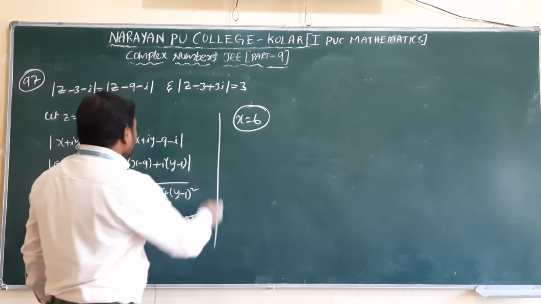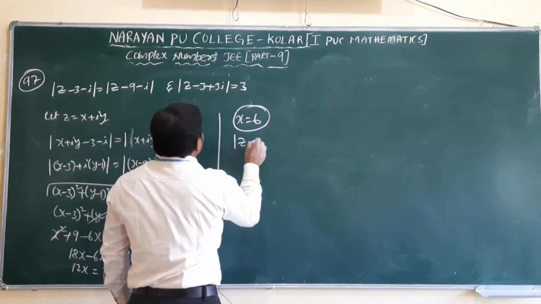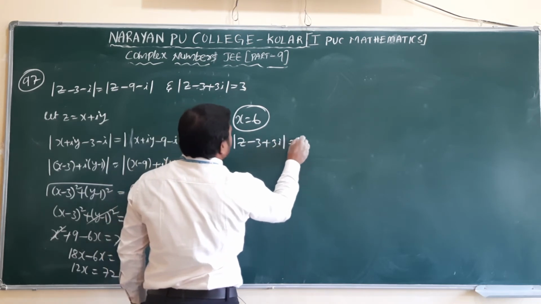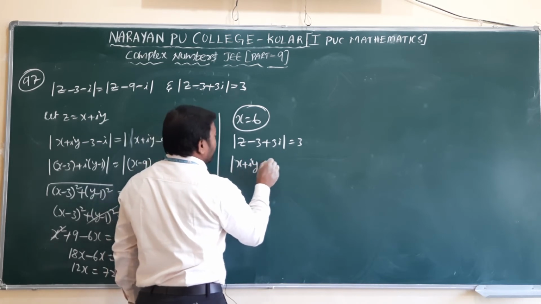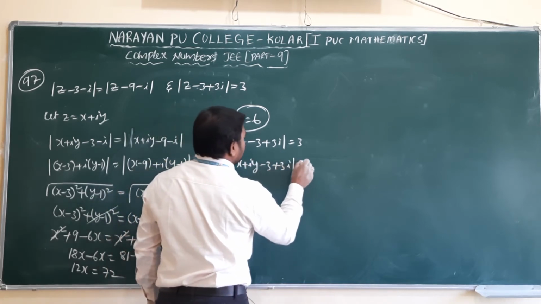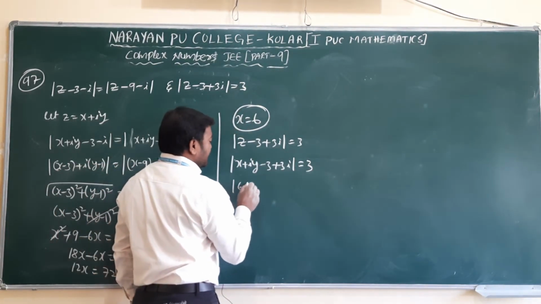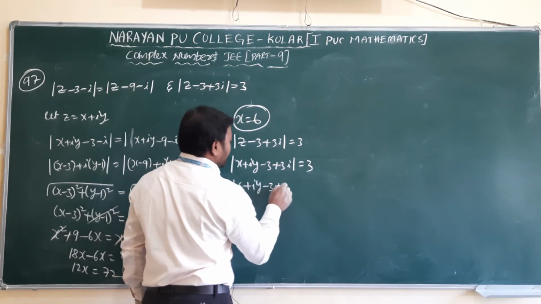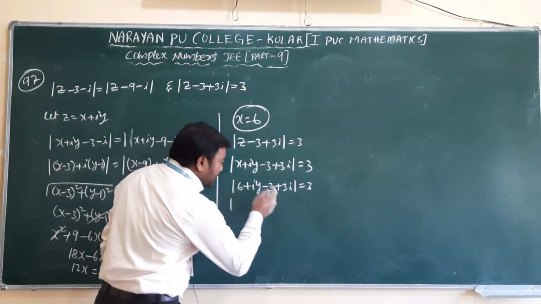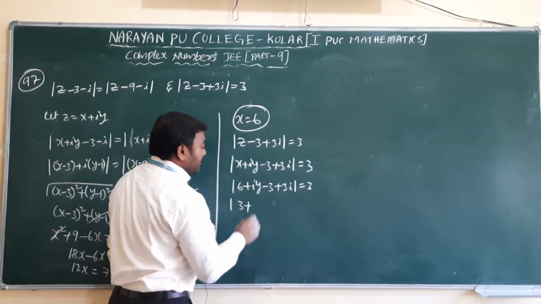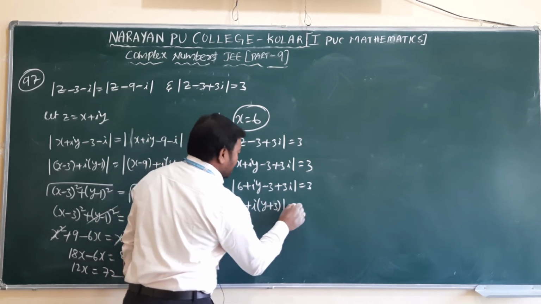Then we have to use the equation |z − 3 + 3i| = 3. So z = x + iy, and |x + iy − 3 + 3i| = 3. We already know the x value is 6, so |6 + iy − 3 + 3i| = 3. Now 6 − 3 gives 3, plus taking i common, the remaining part is (y + 3).